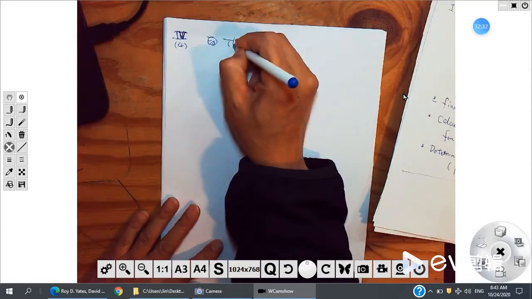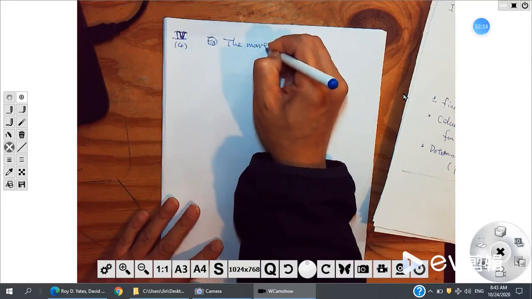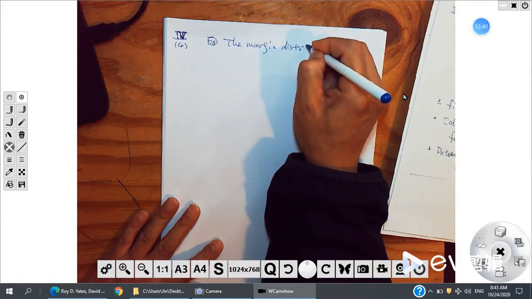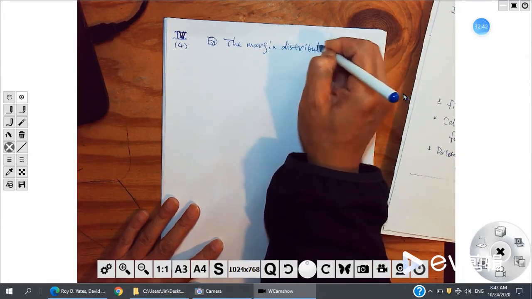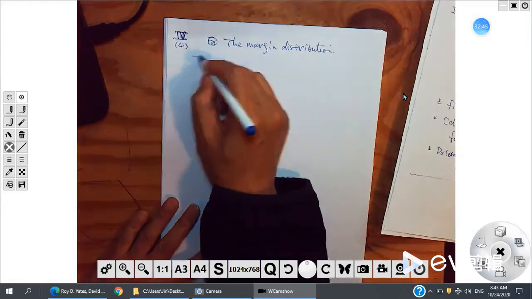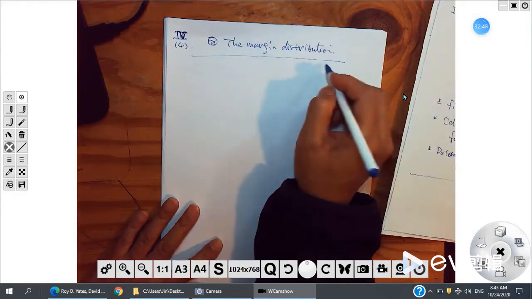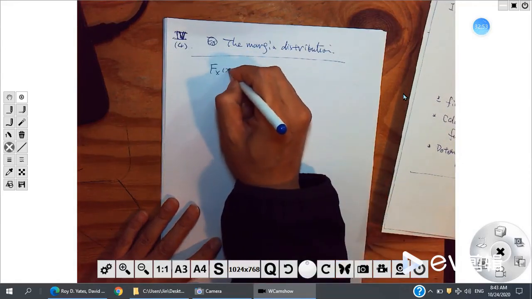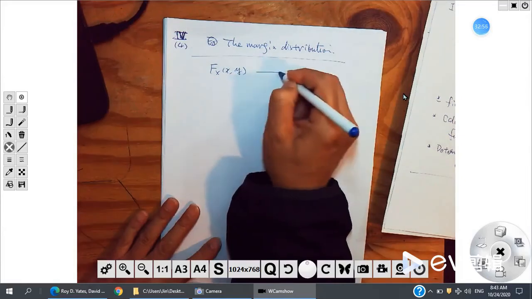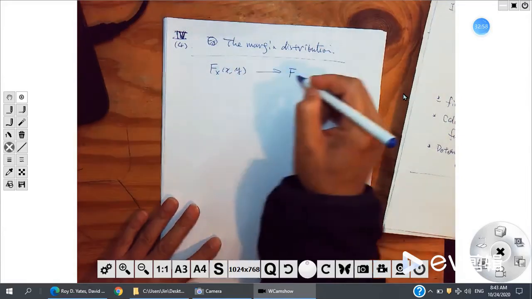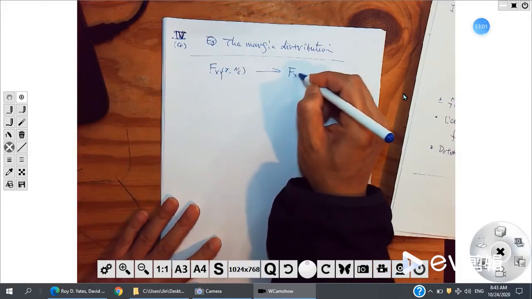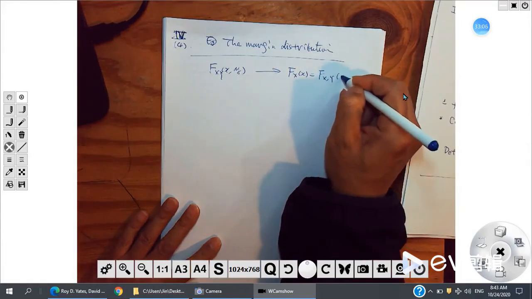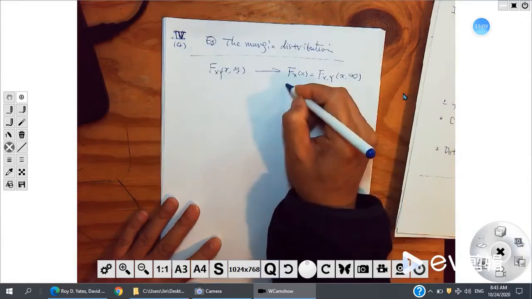We have the marginal distribution. You can say this is not just four parts; this is just a kind of small topic. For f(x,y), you let one of the variables go to infinity.